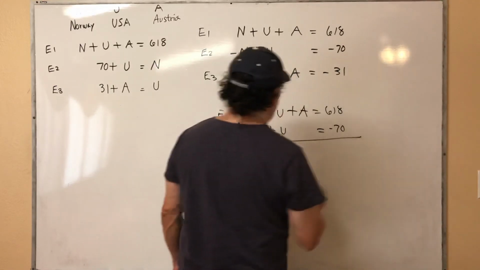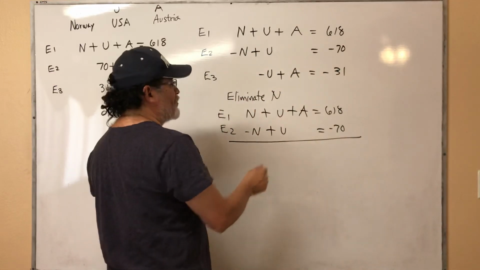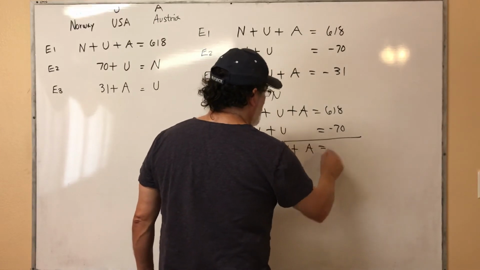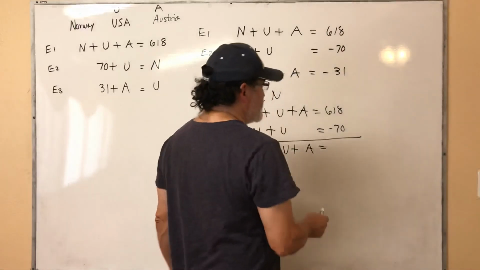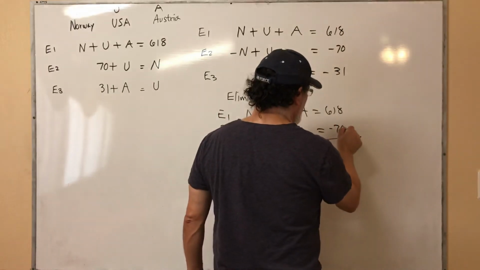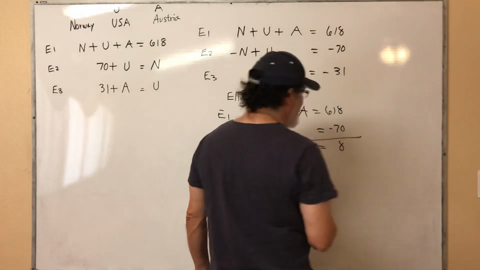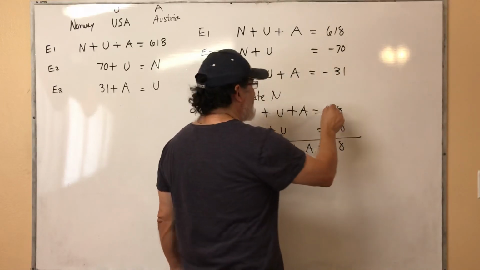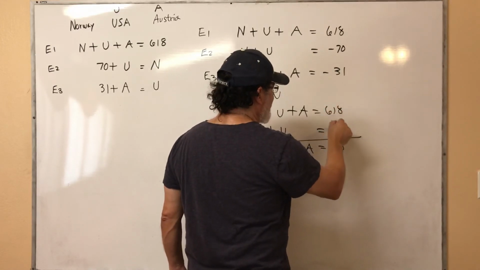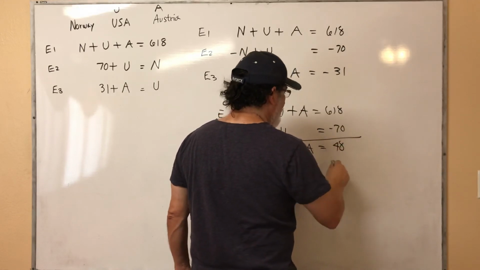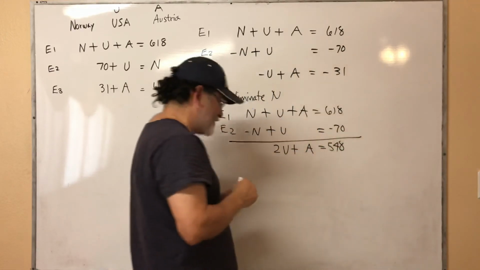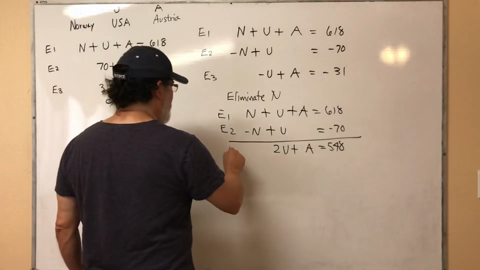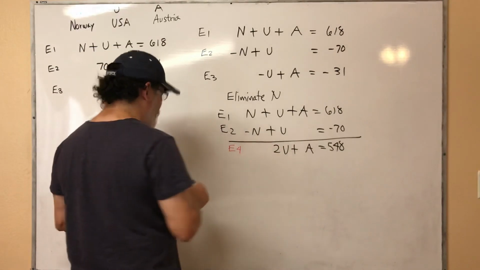Add them up, the N's cancel. I see 2U plus A equals 548. And I better call this equation 4.